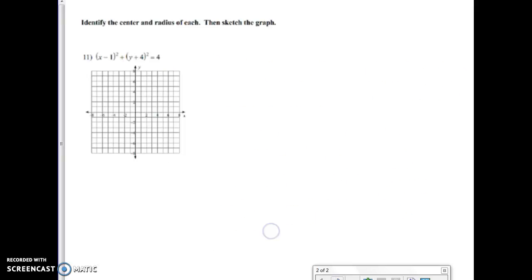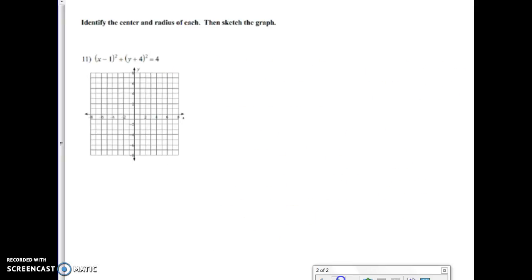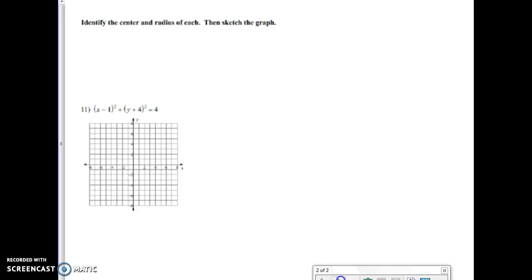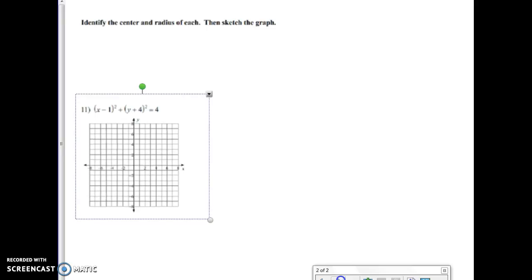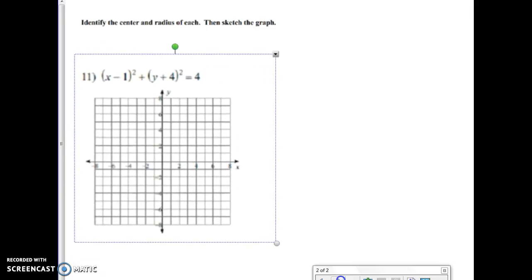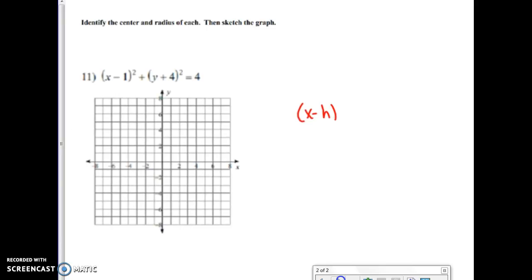Let's look at another one. So looking at this problem right here, I know it's going to have the form of (x − h)² + (y − k)² = r².